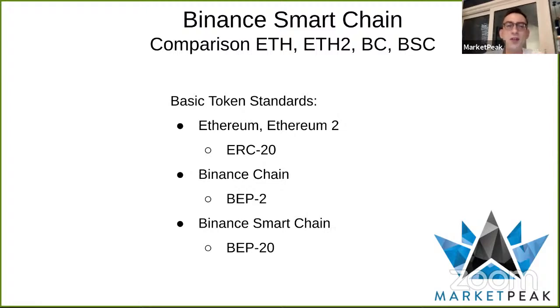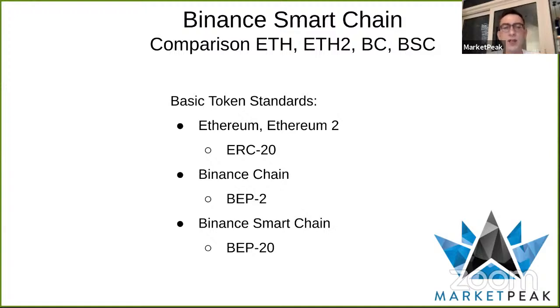The basic token standards on the respective chains. Ethereum as well as Ethereum 2 use ERC20. That is the basic token. There are others as well, but the most basic one is the ERC20. The peak token is an ERC20 token as well. On Binance Chain, it's called the BEP2 standard, which is pretty much the same functionality-wise as the ERC20 on Ethereum.